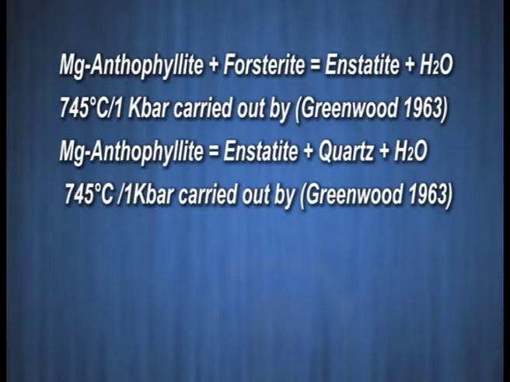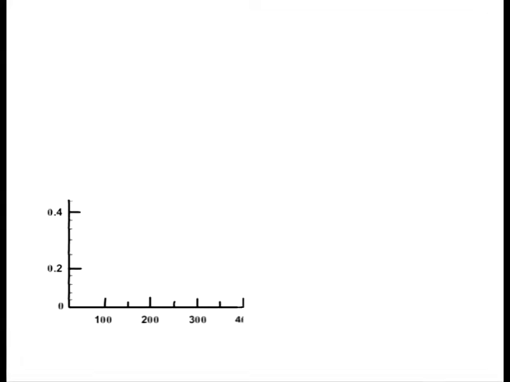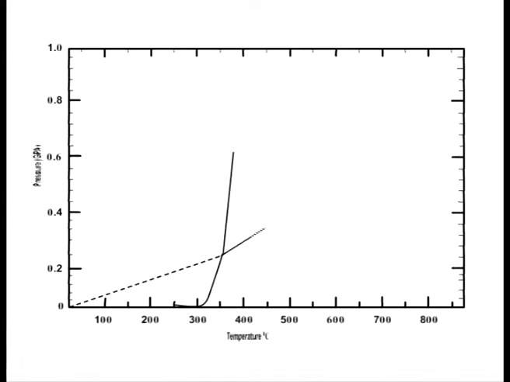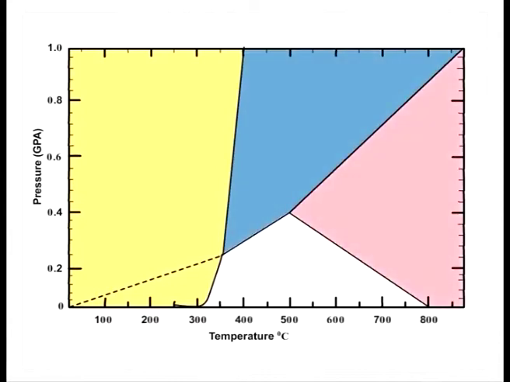These reactions suggest temperature of 700 to 750 degrees centigrade for the beginning of the pyroxene Hornfels facies. The upper temperature limit may not exceed 800 degrees centigrade. The pressure condition ranges between a few hundred bars to nearly 4 kilobars.